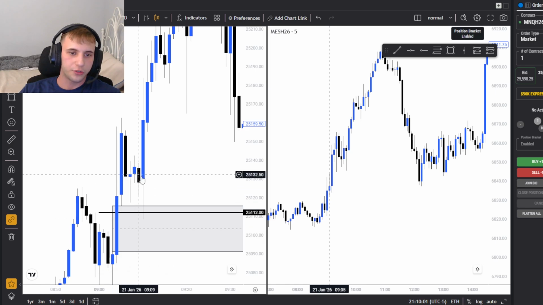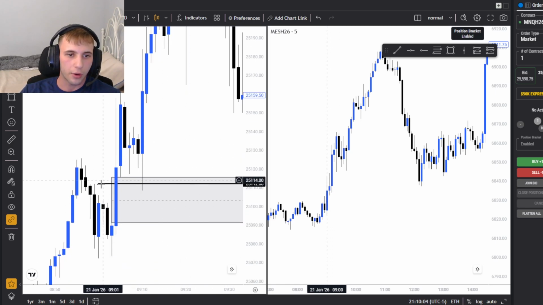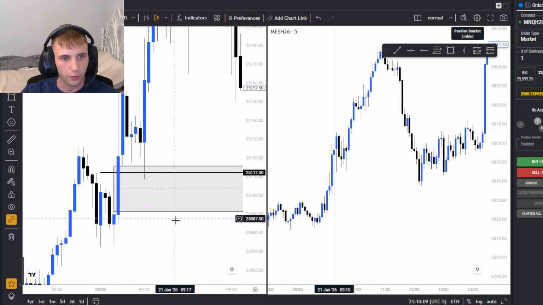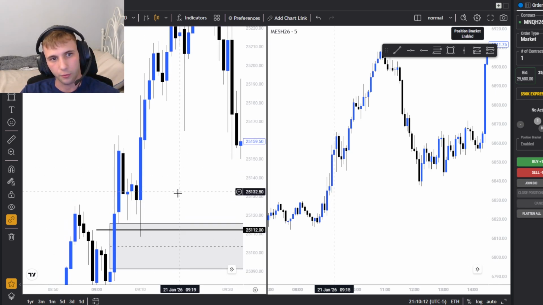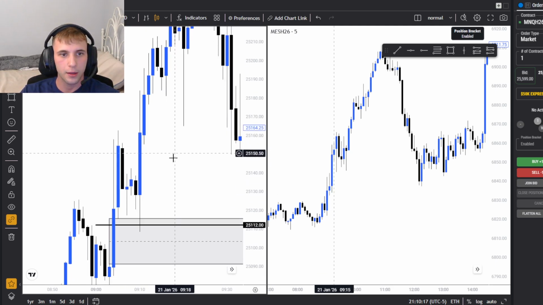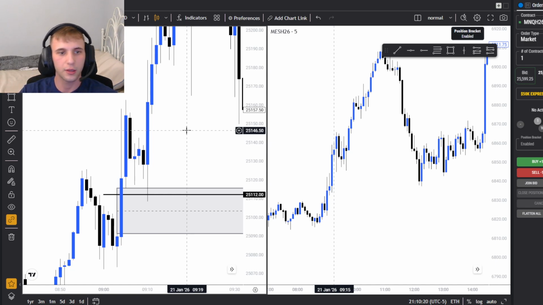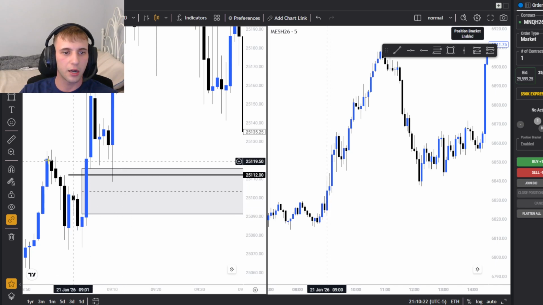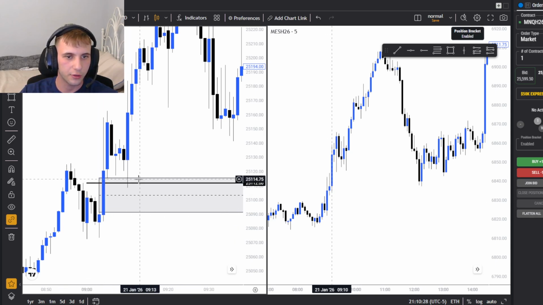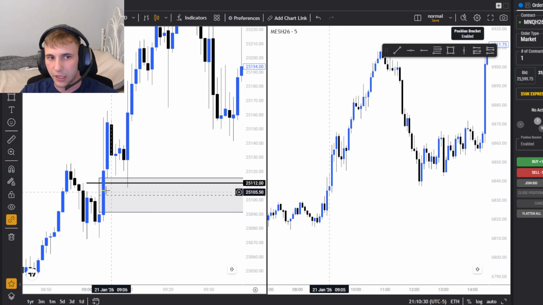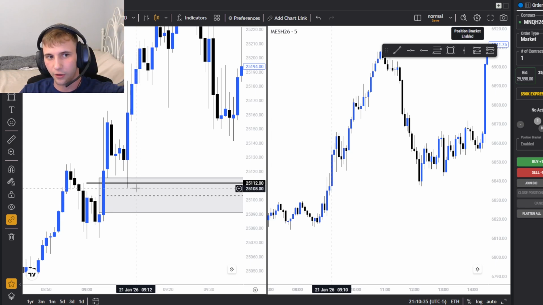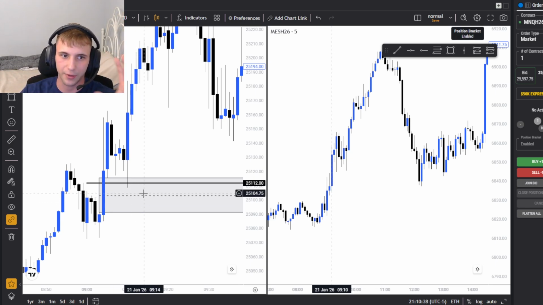From there, once we come back in, price is rebalanced. Now, is the whole fair value gap rebalanced? No. But once we come in here, once we reject off of this fair value gap, once we bounce out of it, again, here's where the psychology comes in. This becomes almost like a level of support, like a safety net almost. You're like, okay, price already came down into here. There's no reason for it to come back down into that specific fair value gap again.